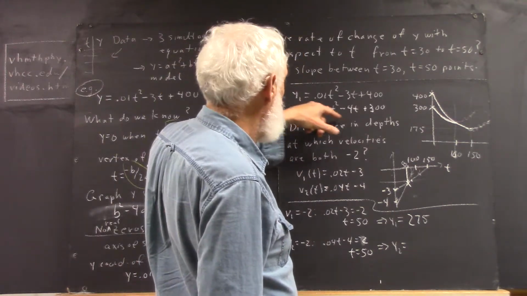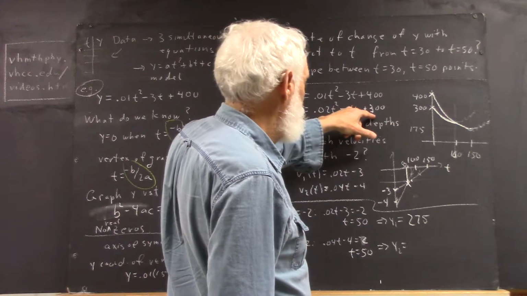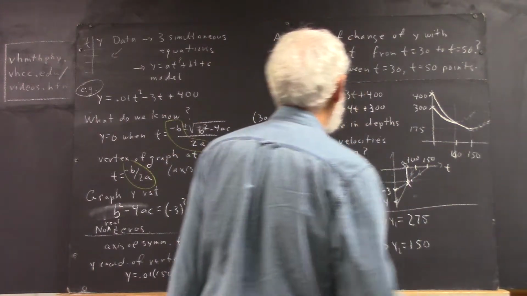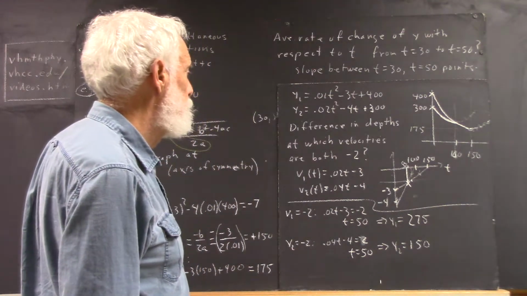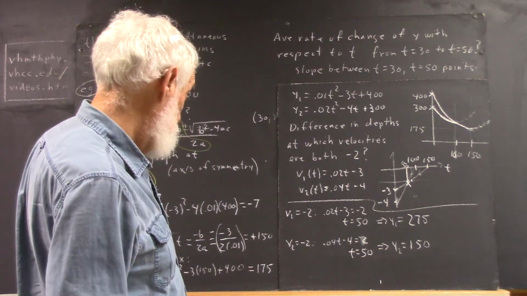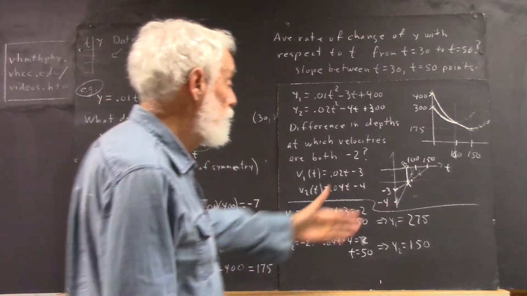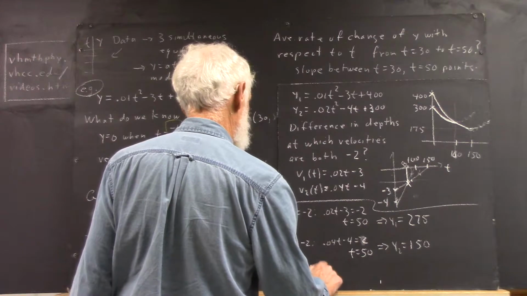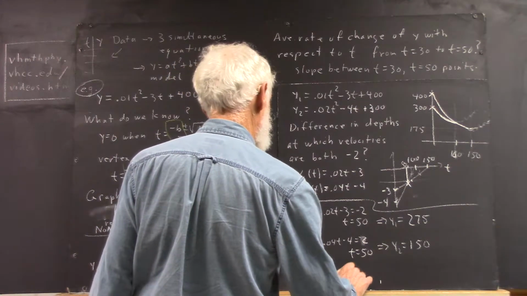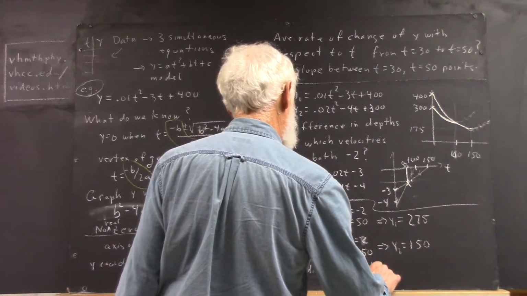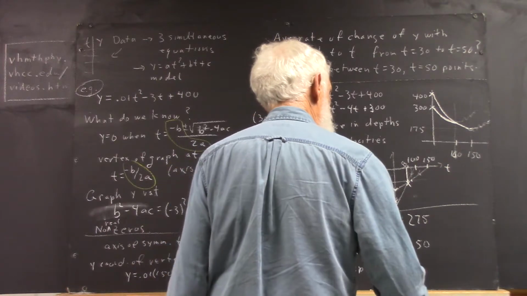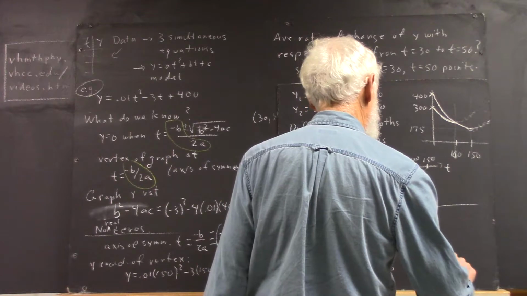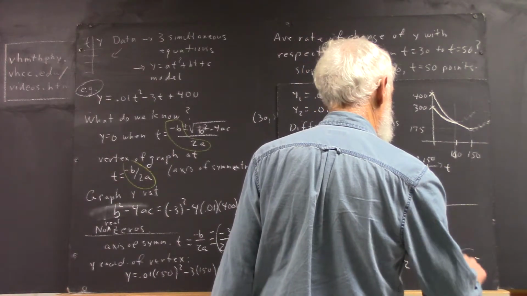That's going to be 50 minus 200, and this is going to be like 150. So the answer to our question, if these numbers are right, is that the difference in the depths is 275 minus 150 equals 125.